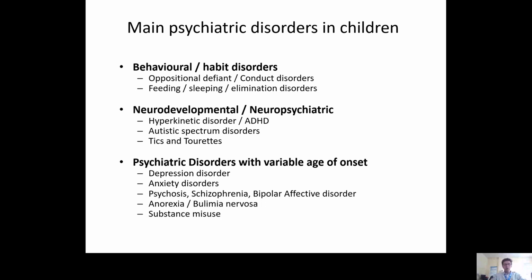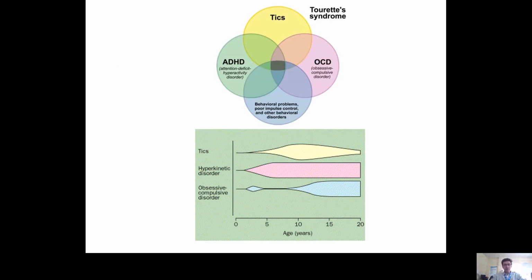It's also important to consider the overlap between lots of these disorders, particularly the neurodevelopmental and neuropsychiatric disorders. So ADHD, OCD, autism, tics and Tourette's are very often seen comorbidly. And this is a really nice simple chart here at the bottom, which shows how these tend to vary over the lifespan.